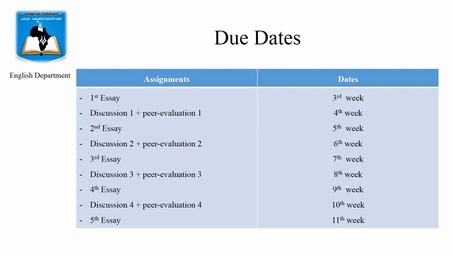The fifth essay, the last one, will be in the 11th week, where you are going to send all your essays, all your fifth essays, to be graded and sent back.